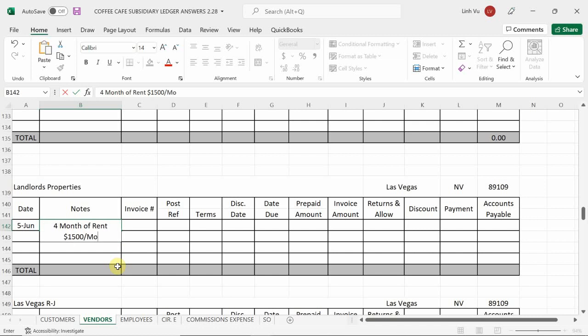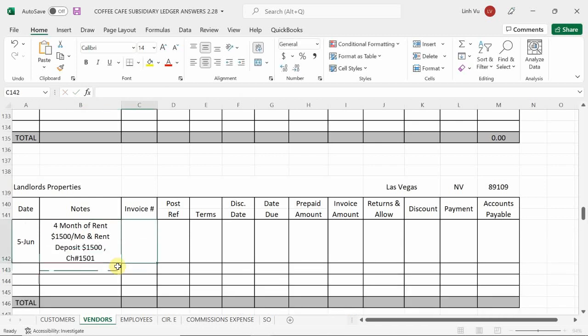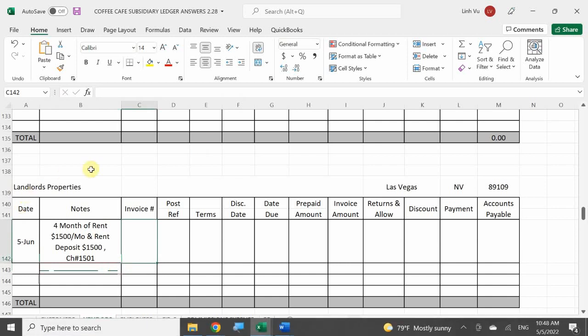Okay, you also had to put a rent deposit, which was $1,500, and you could also say you wrote a check, right? You wrote a check 1501, which proved that you did pay. The invoice number, right? Well, in this case, we didn't have an invoice number, but we did have a contract number, which was 123654, right?